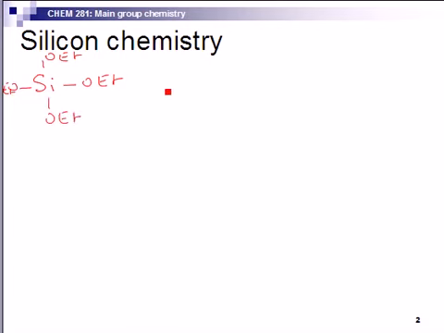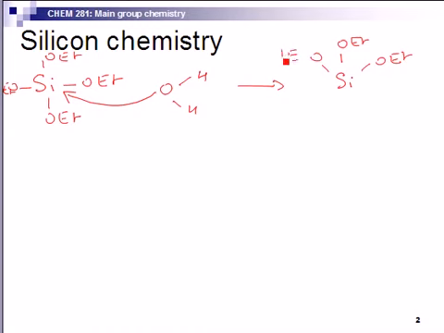In the presence of a molecule of water, water can attack silicon to produce this tetravalent species, with a negative charge on silicon and a positive charge on oxygen.